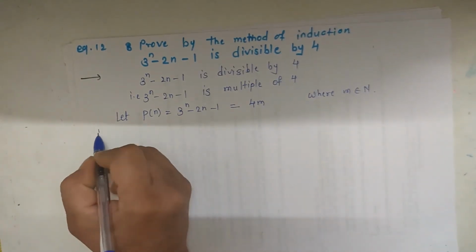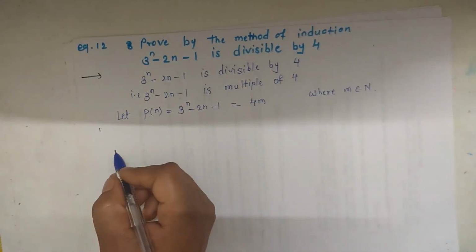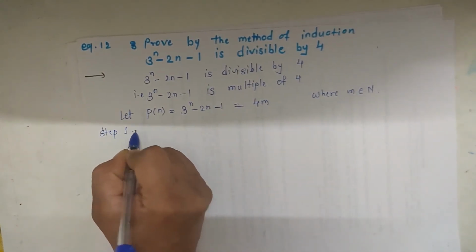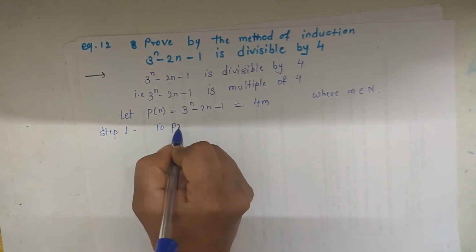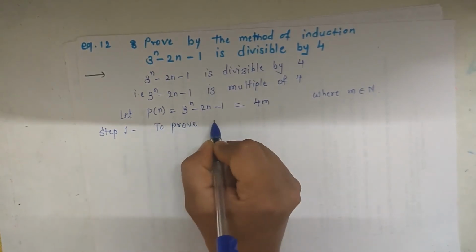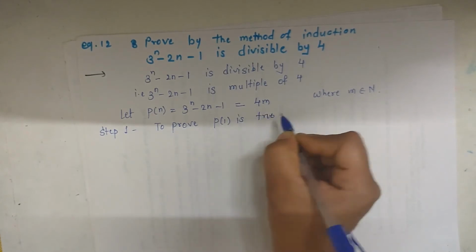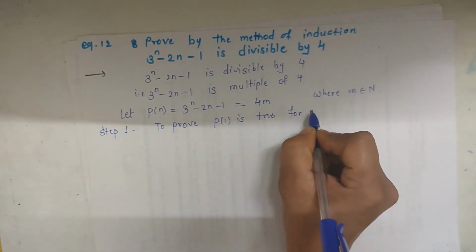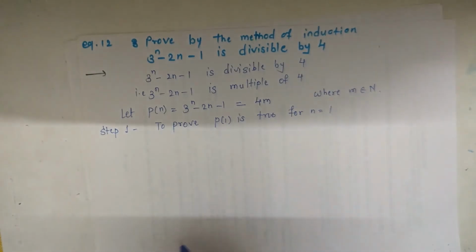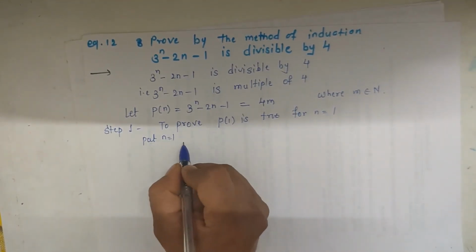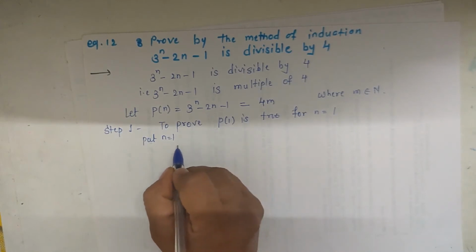Now, using the principle of mathematical induction, in step 1, to prove that P of 1 is true for n equal to 1, put n equal to 1. Then we get P of 1.